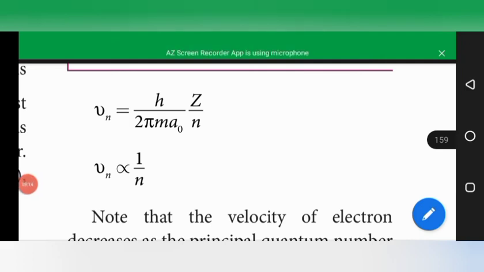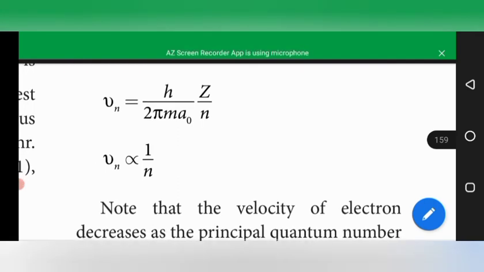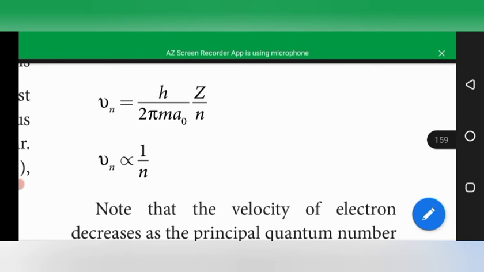So finally v value is equal to, n by 2 pi m a naught, Z by n. So here you have to collect all the constant values on one side, and v is inversely proportional to 1 by n. So here the velocity of the electron decreases as the principal quantum number increases. So this indicates the electron is bound in the nucleus. So this also shows the stability of the electrons here.